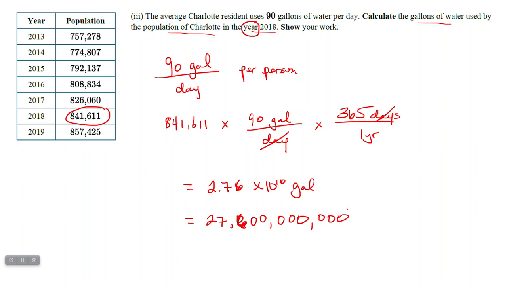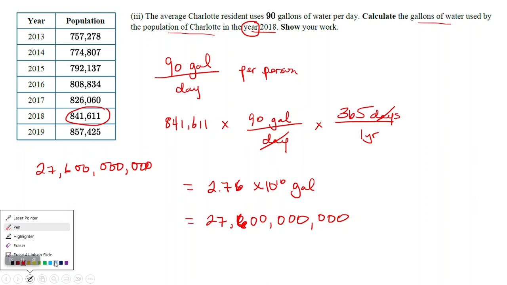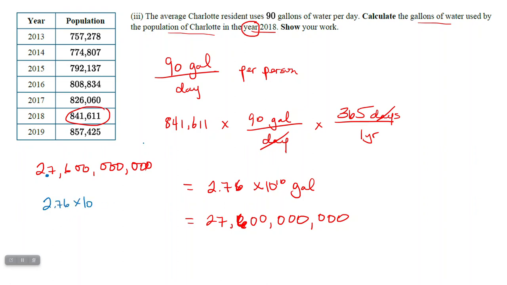No. So this is basically to calculate or convert to scientific notation. You take your number and you want to put a decimal point after the first non-zero digit. So you would basically want to turn this into 2.76 times 10 to the something power.